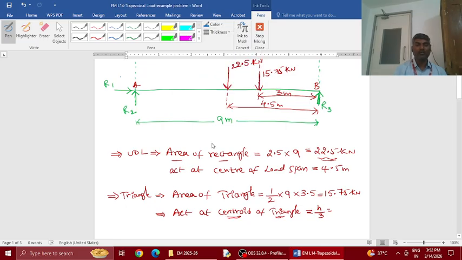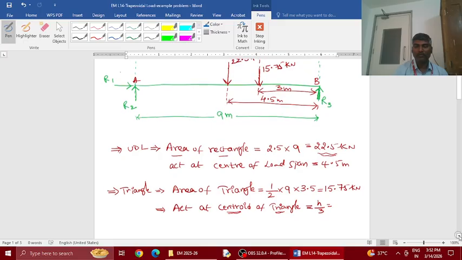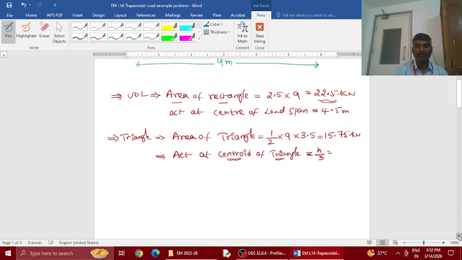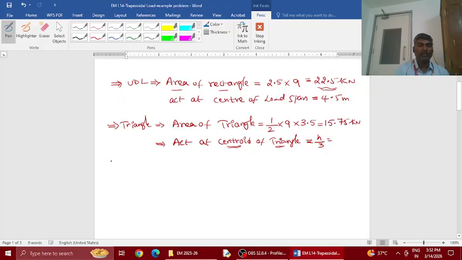Writing equilibrium equations, so writing the first equation, sum of x forces is 0. Take any direction as positive.